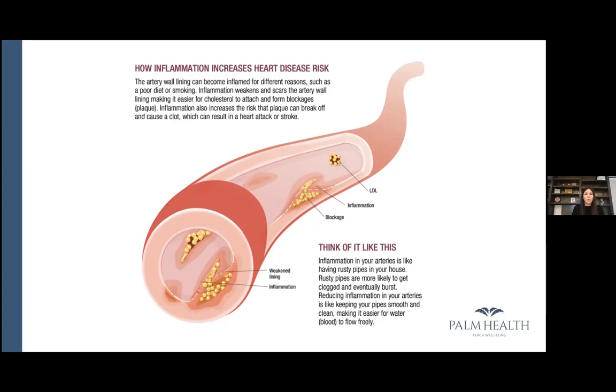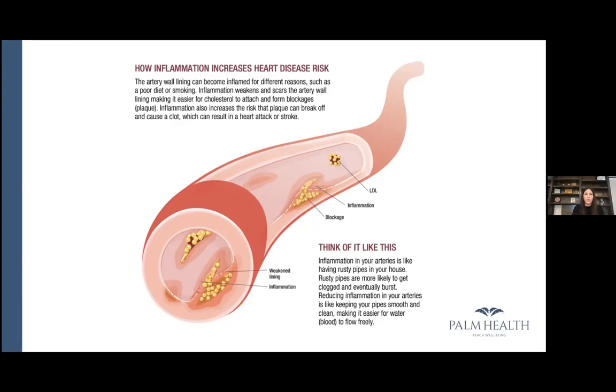But when we have too much of it and our blood sugar is too high chronically, it does create that inflammation in the lining of the heart arteries and the lining of the arteries that take the blood up to your brain, and in the peripheral arteries in the legs and feet. So all of those arteries get inflamed and have the risk of forming plaque and forming blockages.